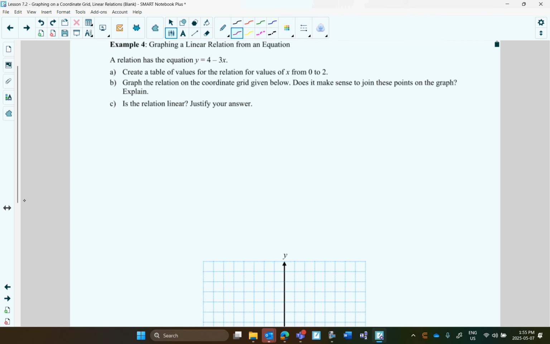All right. This one, it's not a word problem, which means we could have negative numbers. Okay. So, first thing we have to do is create the table. X is the independent, Y is the dependent. And it's telling you to choose the X values 0, 1, and 2.